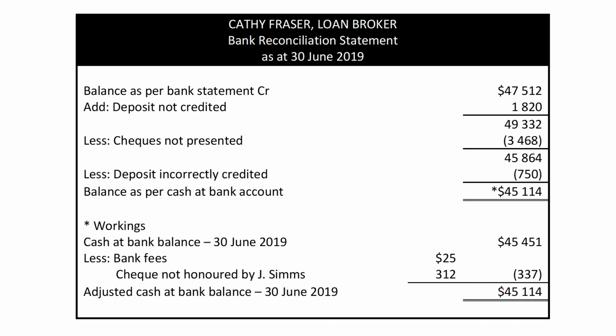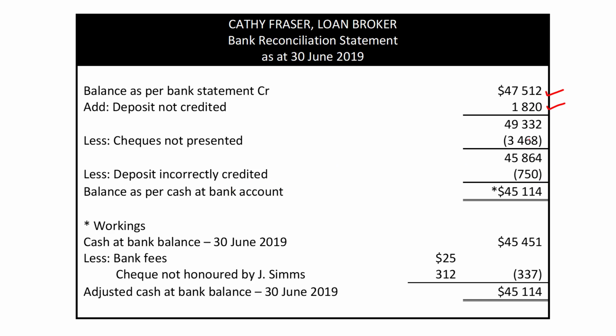Okay. So we have completed the question. Let us total up. Our original balance is 47,512. Deposit not credited, 1,820. When you add this up, you have 49,332, and then minus the unpresented check 3,468, giving 45,864, and for the deposit incorrectly credited, you minus 750.